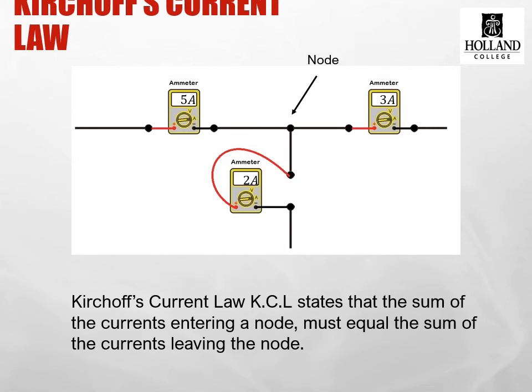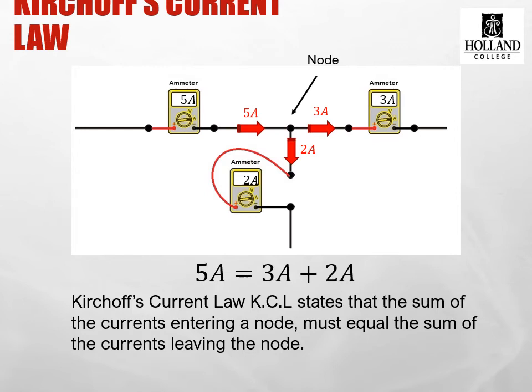The physicist Kirchhoff stated that the sum of currents entering a node must equal the sum of the currents leaving. So in this example, we have 5 amps coming into the node. 3 amps are leaving the node. Since 5 are coming in and 3 are leaving, 2 amps must also be leaving.